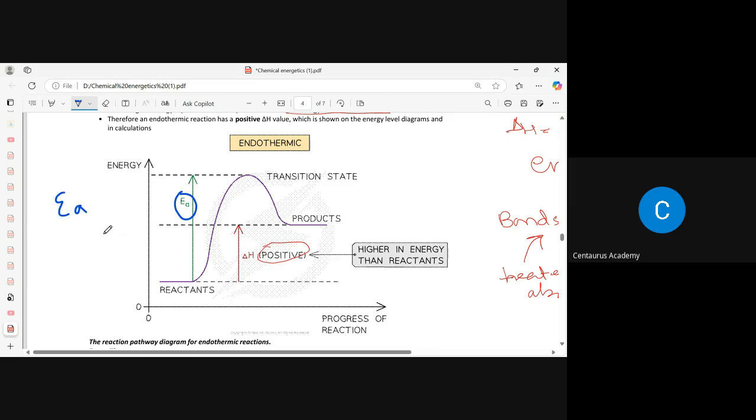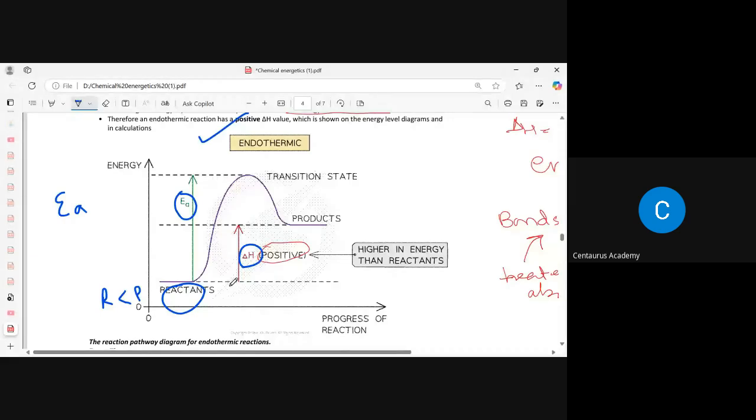This only takes place in endothermic reactions, where heat energy is absorbed from the surroundings into the system, and utilized by the reactants to break their old bonds, right? Then only this transition state takes place, and then the new products will be formed.